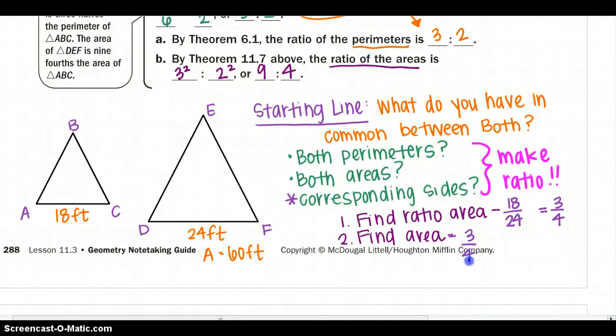Now I'm going to say my small triangle over my big triangle, the small area over the big area. So I would finish that by saying 4x is equal to 180, and then I would complete that by solving.